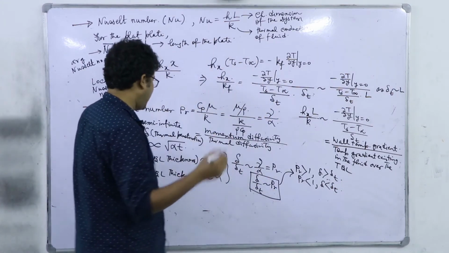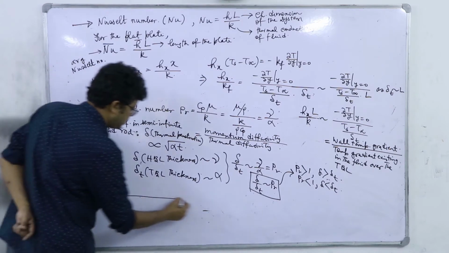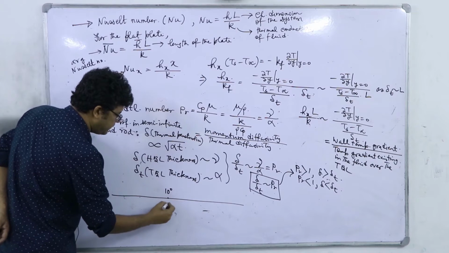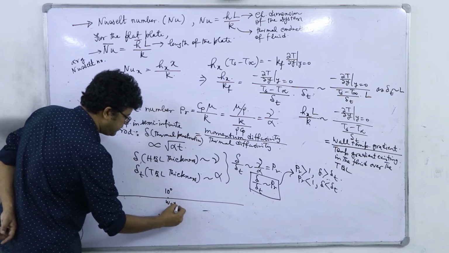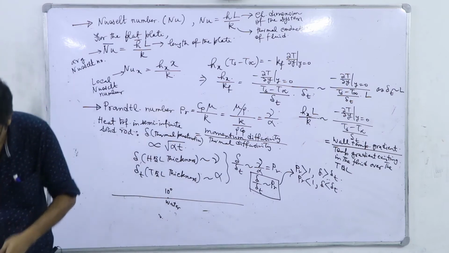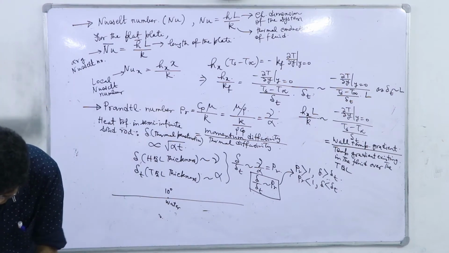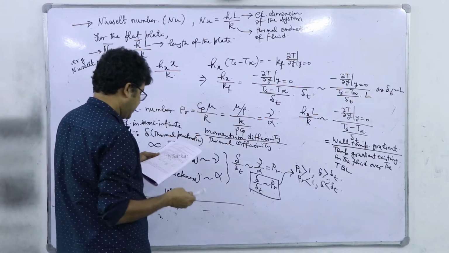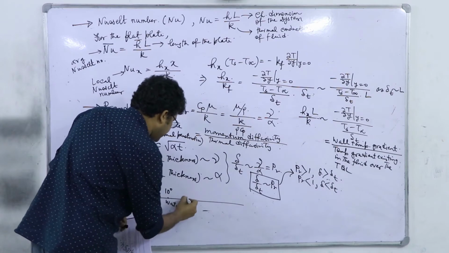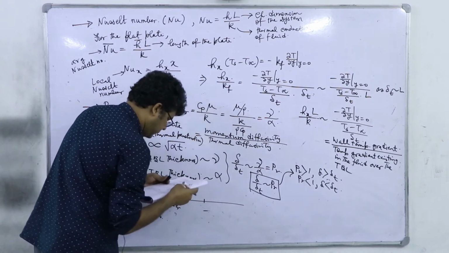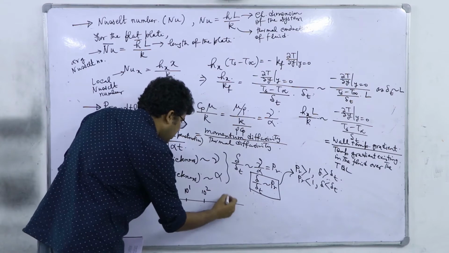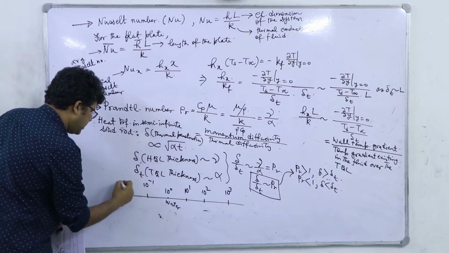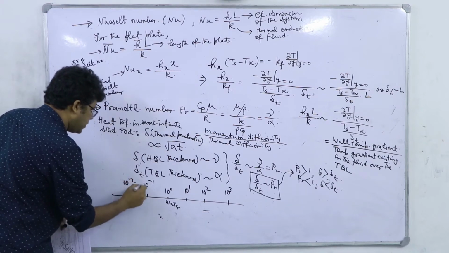And if you see the scale of Prandtl number, here 10 to the power 0, it will be this water, right. So, let me just check what is the exact value. Yeah, 10 to the power 0 to 10 to the power 1, next we have 10 to the power 2, 10 to the power 3, and on this side 10 to the power minus 1, 10 to the power minus 2, right.